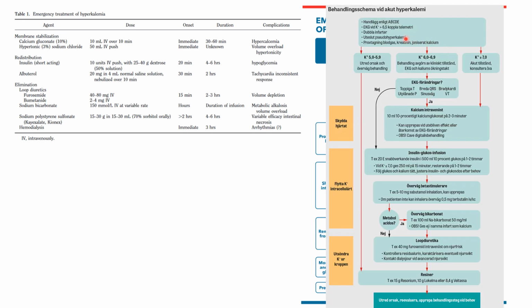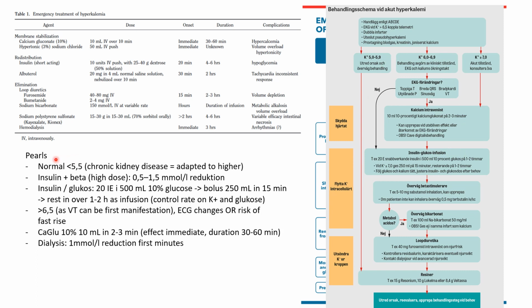Here's the Swedish article saying kind of the same thing as the ERC article. I just wanted to pick out some pearls here. So the normal level is below 5.5, right? And some chronic kidney disease patients may have adapted to a higher normal level of potassium, but that's in specific cases. Then the treatment of temporarily driving down your potassium is high dose insulin and beta blockers, right?